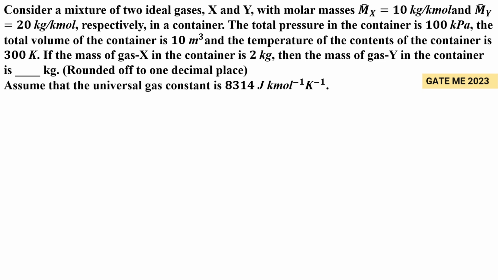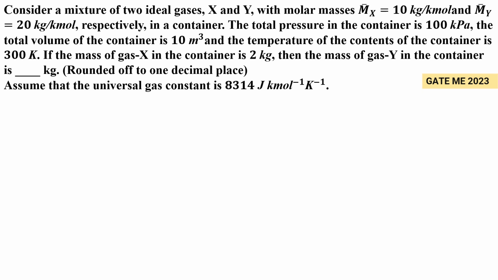If the mass of gas X in the container is 2 kg, then the mass of gas Y in the container is dash kg. Assume that universal gas constant is 8314 joule per kilomole Kelvin. So let's see the solution.